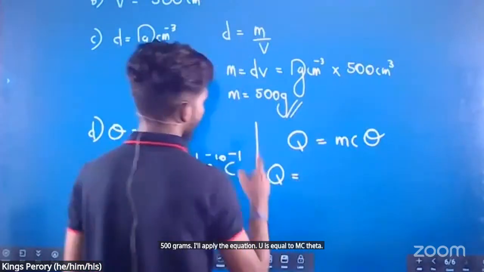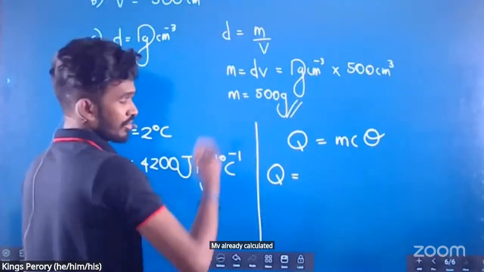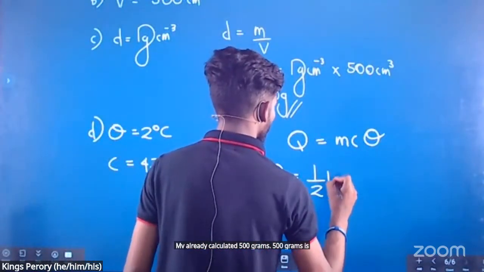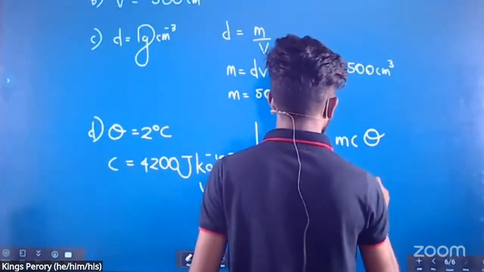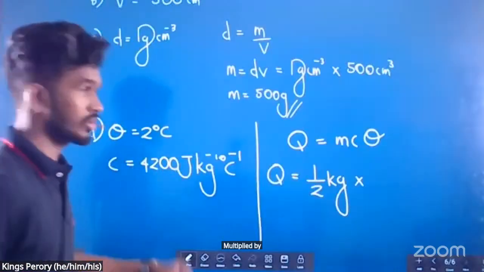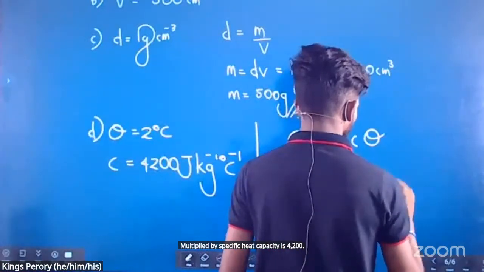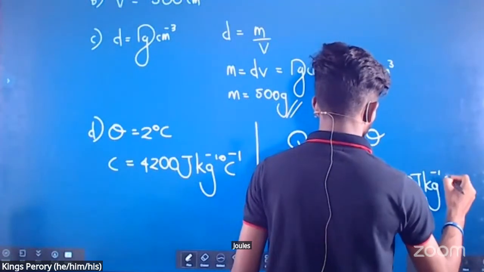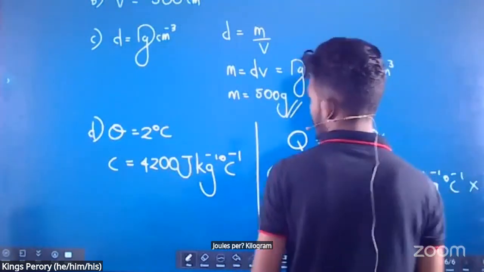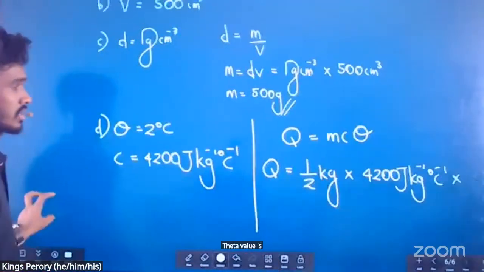M we already calculated, 500 grams, which is half a kilogram, multiplied by specific heat capacity 4200 joules per kilogram per degree Celsius. Theta value is 2 degrees Celsius.